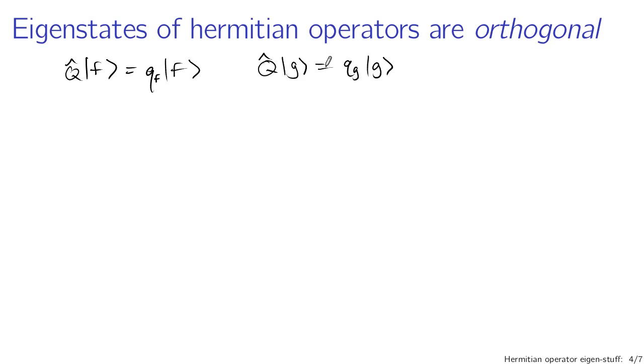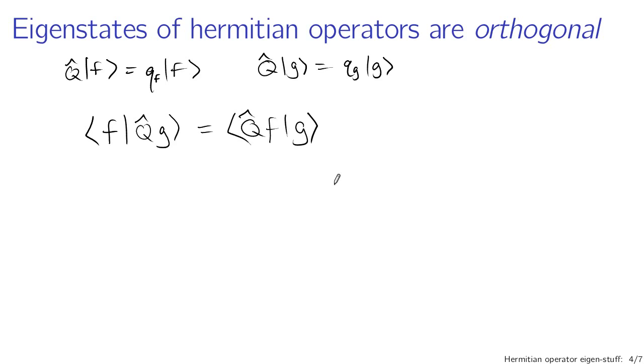These two eigenvalue problems are solved for the state f and for the state g. So in principle, I know f, I know qf, I know g, I know qg. Now, if you consider the definition of a Hermitian operator in the context of the states f and g, I have f, inner product with q acting on g, and that has to be equal to q acting on f, inner product with g.